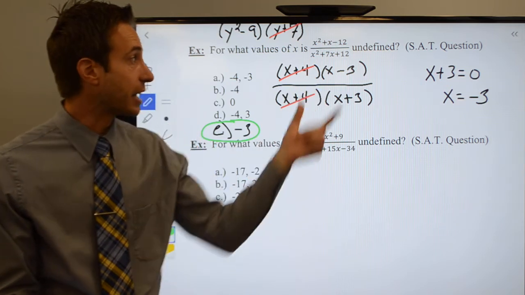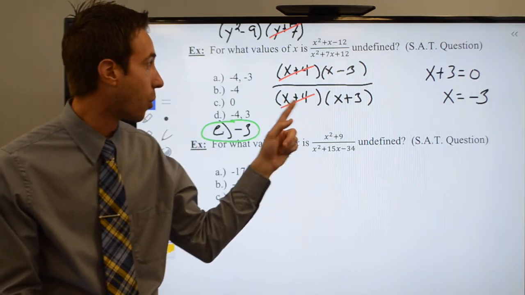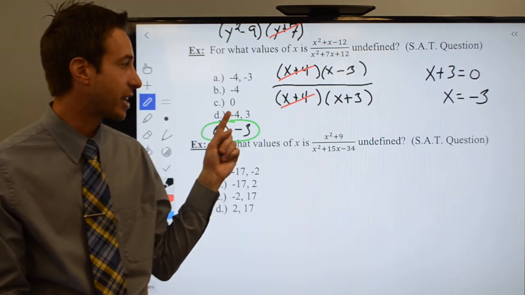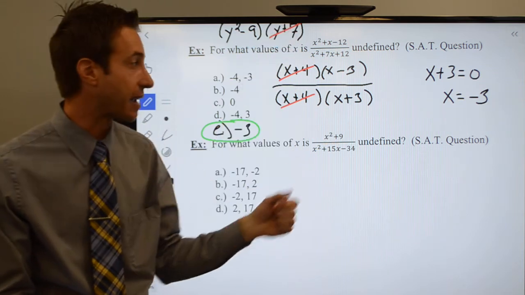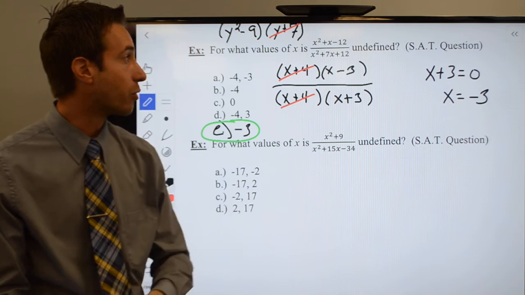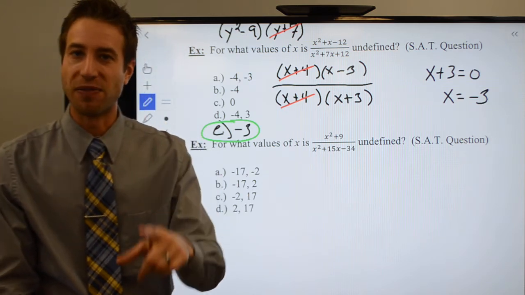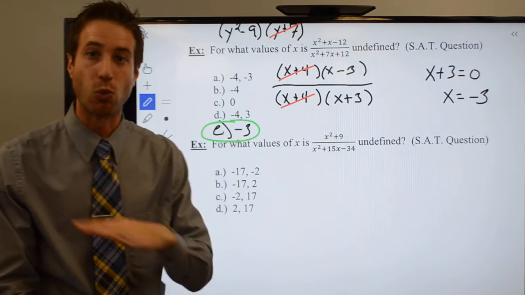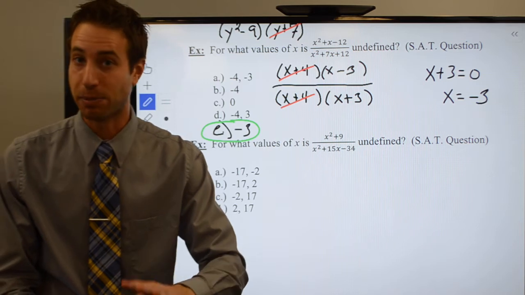Before you simplify, you just take this guy, set it equal to 0. You'd wind up with minus 4 and a positive 3, in which case D would be the answer, but you got to simplify it first and then figure out for what values of x is it undefined. So again, be really careful on these questions. If minus 3 wasn't an answer choice, that just means they're not looking for you to simplify first.